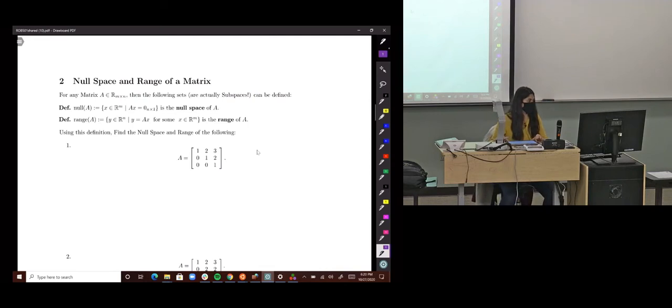So now that we understand subspaces, we can move on to what we've talked about in lecture about null spaces and range of a matrix. Let's look at what the null space of A will be. The null space of A is just the set of all vectors x in R^m such that Ax equals the 0 vector.